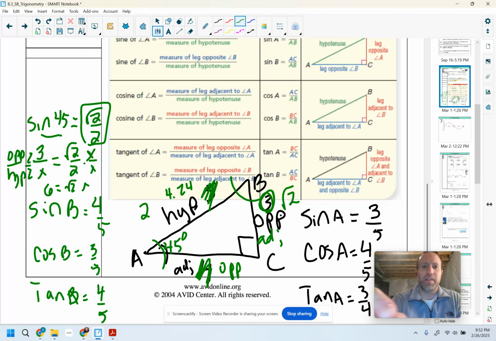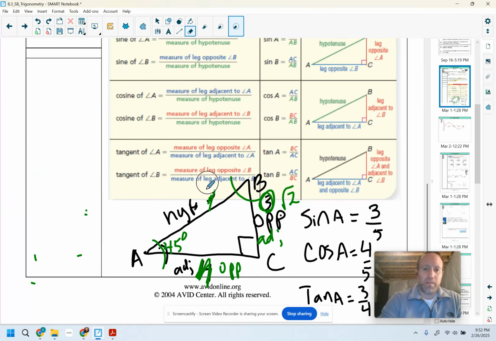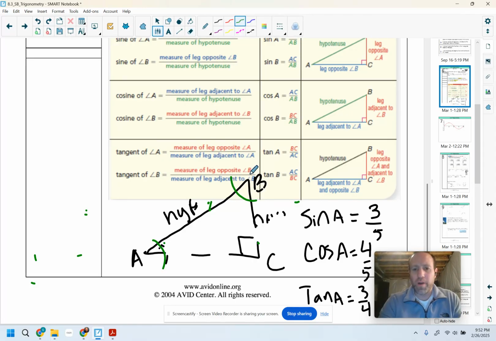So let's use another example. Let's say, and I'm going to clean this up a little bit here. Let's say I'm like, hey, I don't know the angle measure, but I know from before that this tree right here is 20 feet tall, and I know that I measured the shadow is 15 feet.